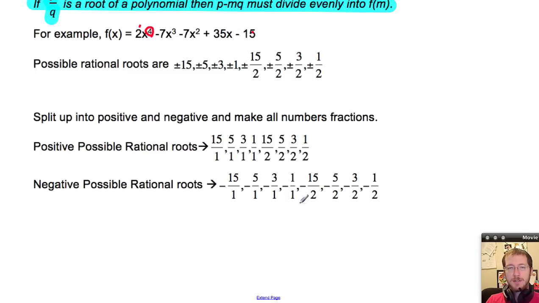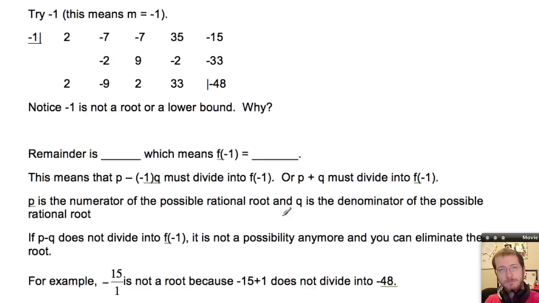They're all fractions. So let's start off by letting M equal -1. So we're only going to use 1 and -1 for our M value, just to make things simpler. And you can plug in any number you want to, but to make it an actual shortcut, we're going to just use -1 and 1.